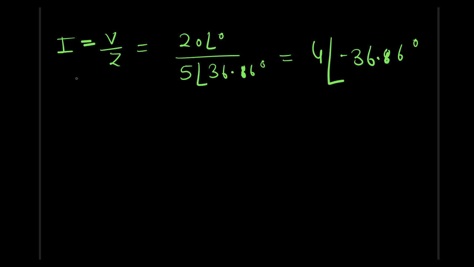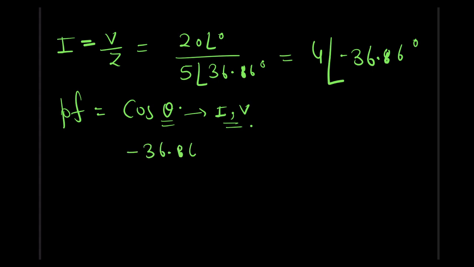So power factor is cos of theta, where theta is the angle difference between current and voltage. The angle of current is minus 36.86 and the angle of voltage is 0 degree. So this angle difference would be minus 36.86 degree.